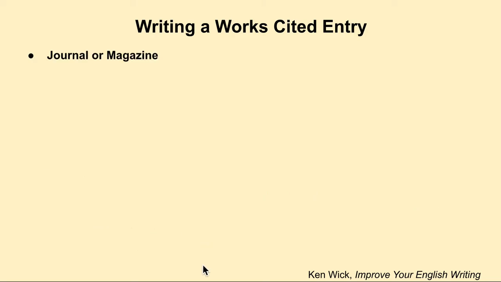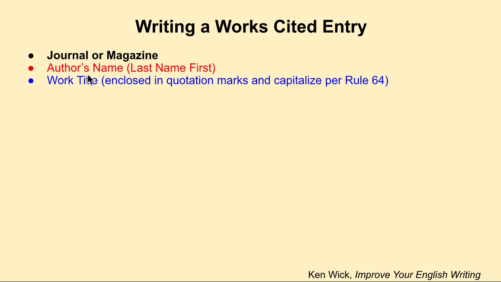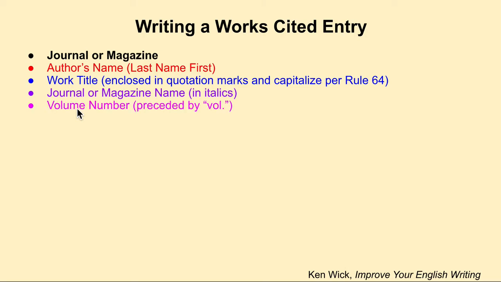So let's look at a journal or magazine. First you list the author's name. I'm not going to repeat all the same information as the book. Then you do the work title in quotation marks. Then you have the journal or magazine name in italics. Then the volume number preceded by vol.